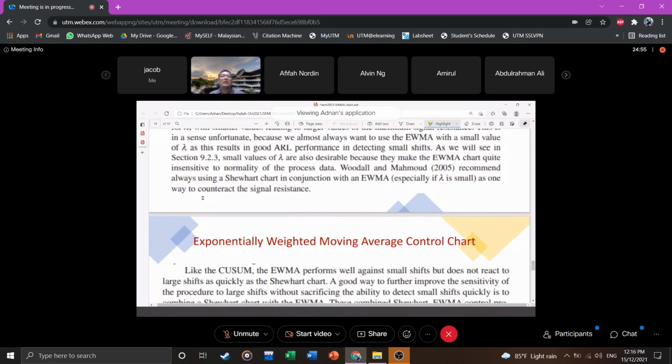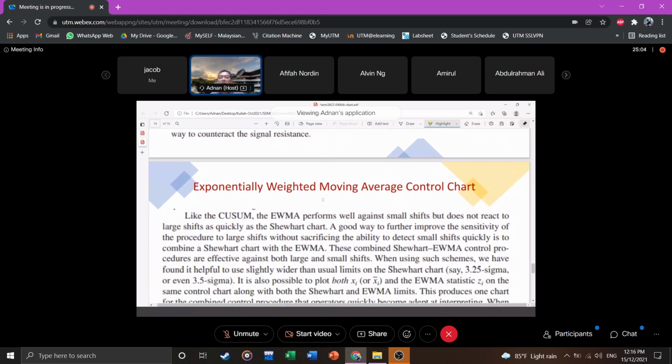Another disadvantage is that EWMA may not be able to detect a big shift. It is very sensitive to small shifts, but not so sensitive to big shifts.